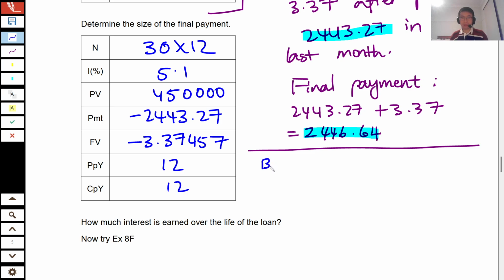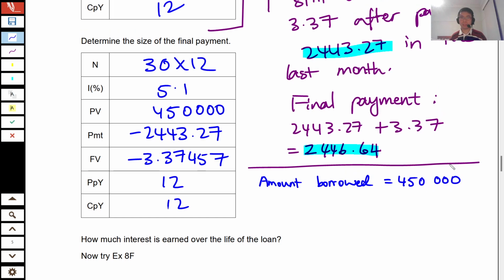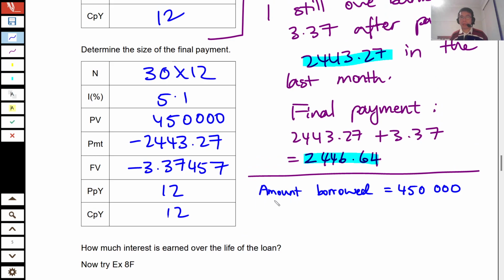Let me start by saying the amount that we borrowed in this loan was $450,000. And the total payments: remember, we make monthly payments for 30 years.